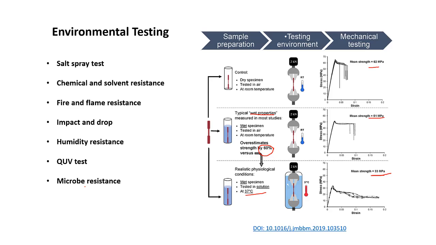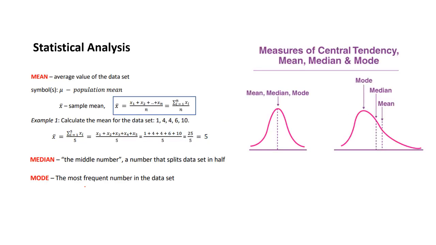In the last lecture you have learned about the statistical analysis of the data. So these are very important in determining or analyzing the data, because if the data is not analyzed in a proper manner, it can give us errors in the readings.